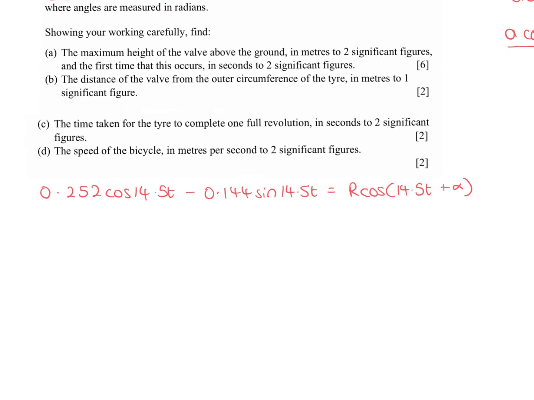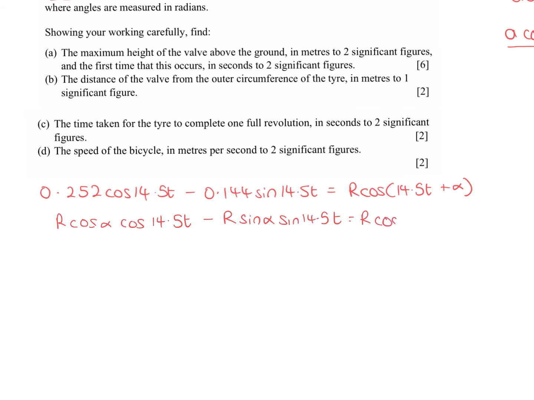And then I just need to work out what this is going to be. If I remember what these look like, that's going to be R cos alpha cos 14.5t minus R sine alpha sine 14.5t.